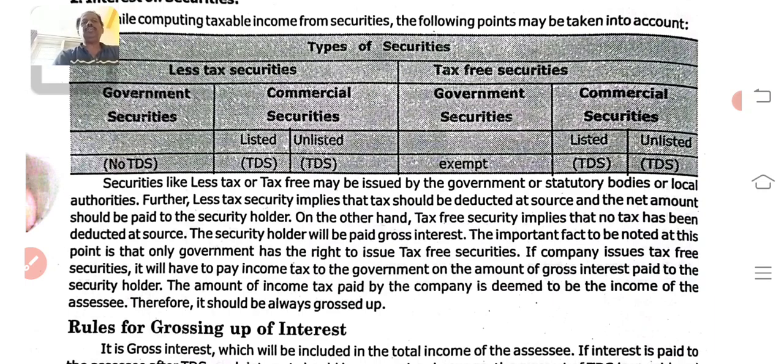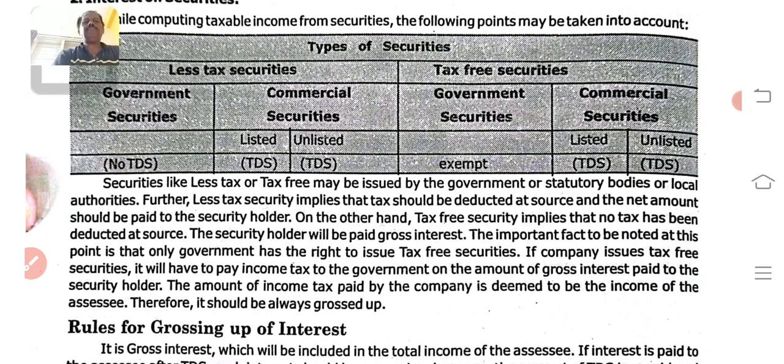Less tax securities imply that tax should be deducted at source and the net amount should be paid to the security holder. On the other hand, tax free security implies that no tax has been deducted at source. The security holder will be paid gross interest.